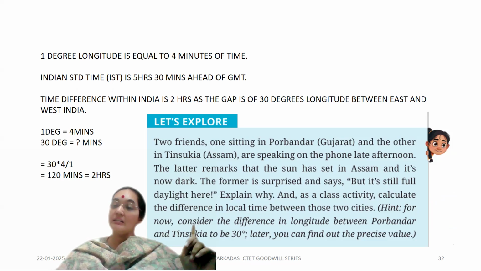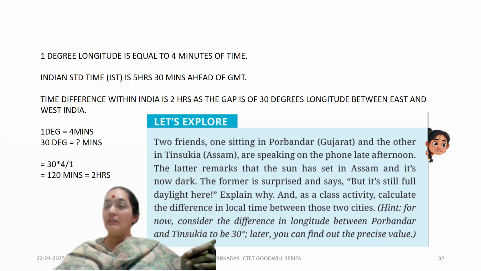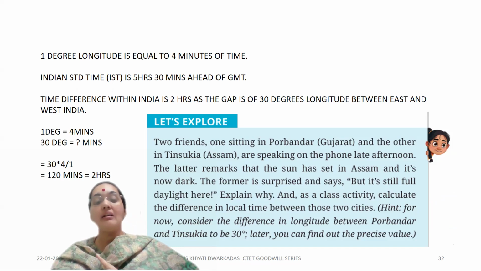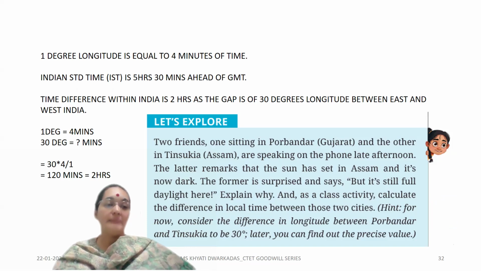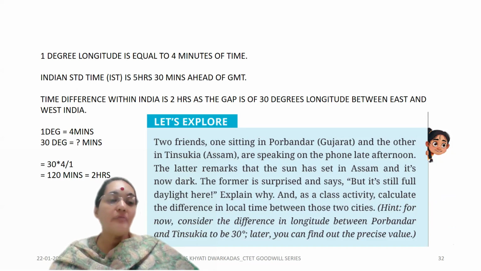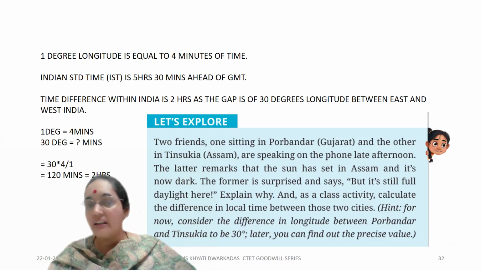So if it is 8 a.m. in Gujarat, it will be 10 a.m. in Arunachal Pradesh. It's that big a time. And you can see the calculation that's done there for you. 1 degree is 4 minutes. So how many minutes would 30 degrees make? 30 into 4 divided by 1. You get 120 minutes, which is 2 hours.